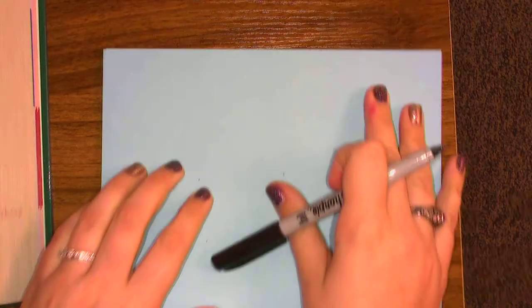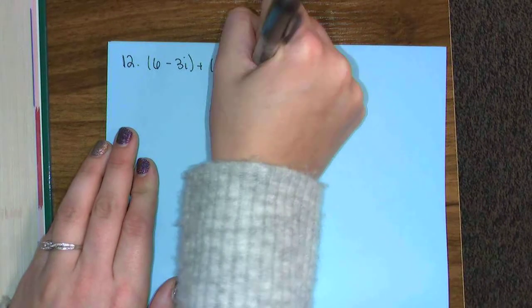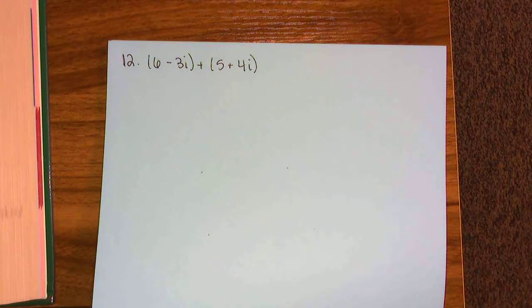Everything is added and subtracted with like terms. 6 minus 3i plus 5 plus 4i. So these are 2 complex numbers being added together. The reason they're complex is they have a real part and an imaginary part. So you're adding.